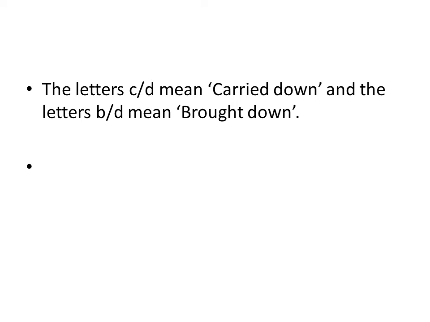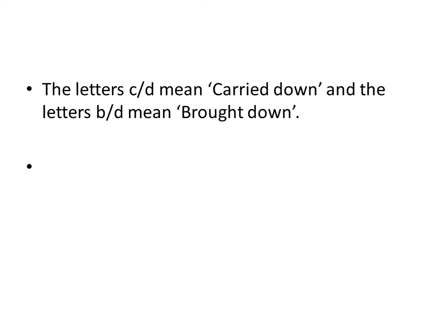So the letter C over D means carried down, and the letter B over D means brought down. So to distinguish between a debit balance that is in the account or a credit balance, we use these abbreviations C over D and B over D.